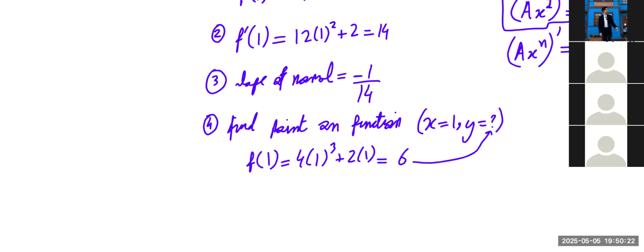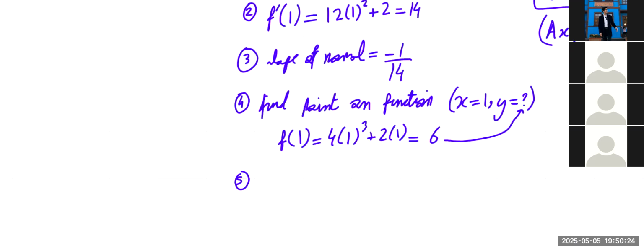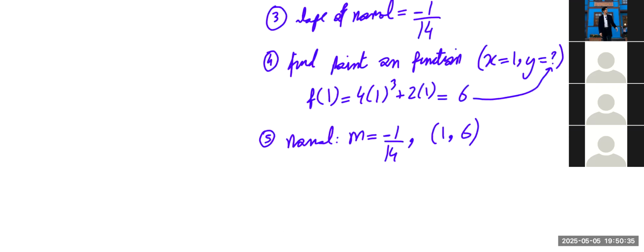So finally, the normal knows two things. The slope is minus 1 over 14, and the point of intersection is (1, 6). Set up the equation. y minus 6 equals slope times (x minus 1). And that's it. Question is done.